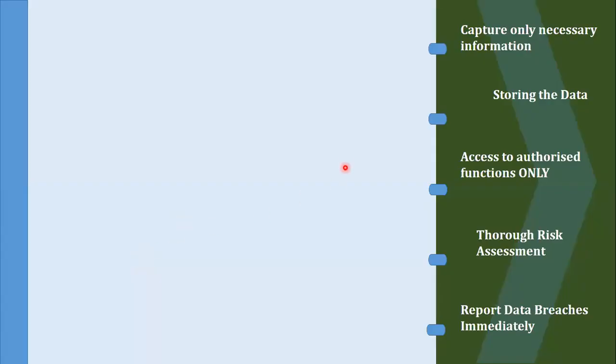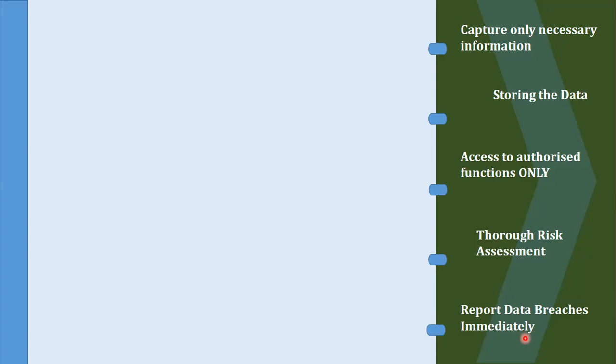So just to summarize, it's all about capturing only the necessary information and how you store the data, and ensuring access to this data is to those authorized people or authorized functions only. And performing a very thorough risk assessment is critical. Lastly, if there are data breaches, and there could be, anything can happen, the key point is report yourself immediately to the supervising authority.